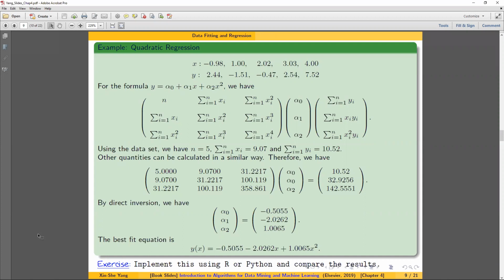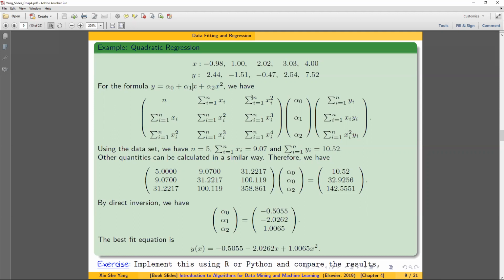Now we use this simple example to look at quadratic regression. So we have x and y observations. We want to come back with this formula. We only have three terms: intercept, x, and x squared. Three terms, but two independent variables. One of them is x, the other one is x squared.